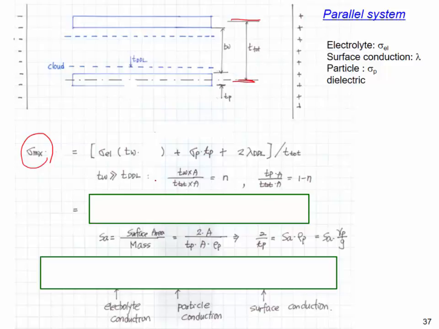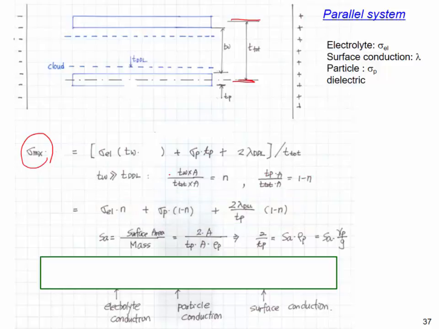And then here the water thickness is much larger than the double layer thickness, and this is the assumption. And the porosity can be expressed with the TW, the water thickness, and the total thickness, right? TW over T total is the porosity, and the particle thickness over the total thickness is 1 minus n, 1 minus porosity.